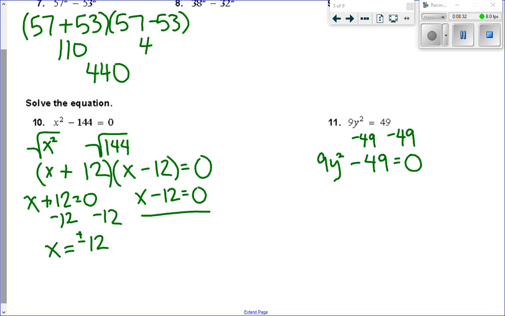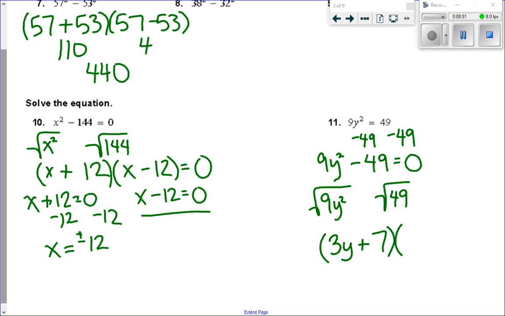I see a pattern. You all should see the pattern as well. Square root of 9y squared, square root of 49 will give us 3y and 7. We've got a negative, makes it a difference of squares. It does not matter if you put the negative or the positive first, as long as you've got them both in there.